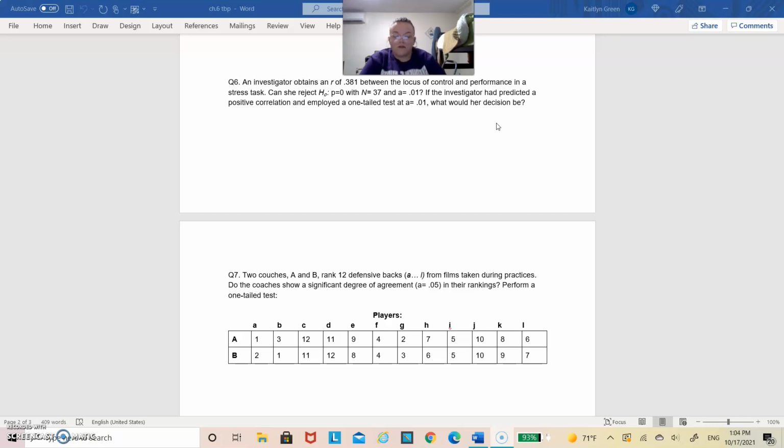Because she doesn't have a direction for how the performance task is going to go, we are going to have a two-tailed test, and so we're going to set the null hypothesis of rho is equal to 0, and the alternative hypothesis, of course, would just be the opposite, so rho would not be equal to 0.